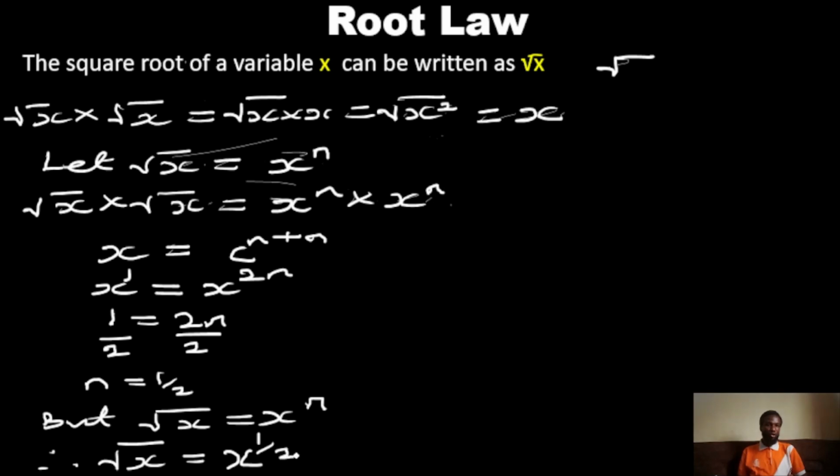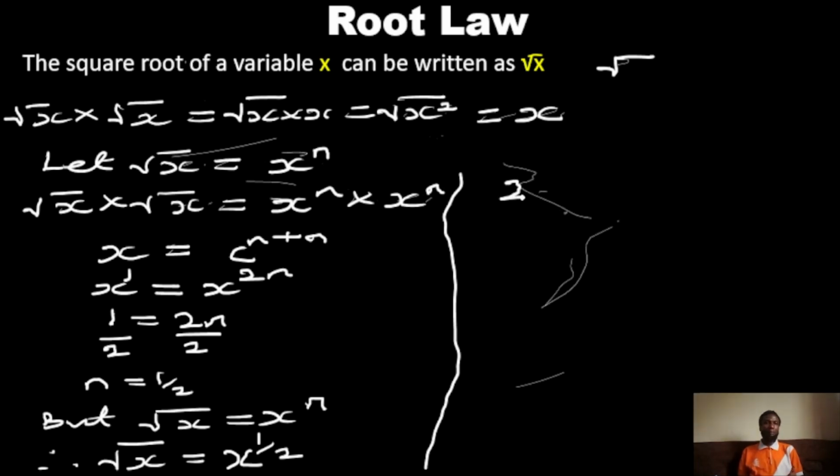So meaning that if you are taking the square root of a number, it is the same thing as raising that base by power of half. For example, if you have square root of 2, square root of 2 can be written as 2 raised power of half.